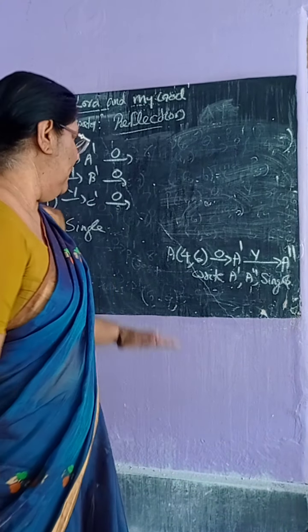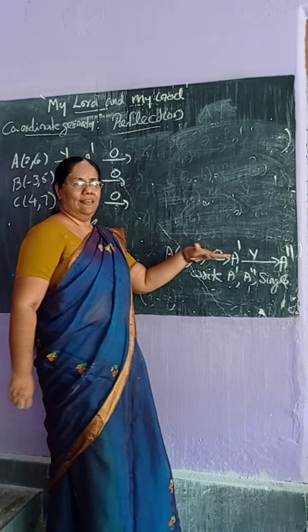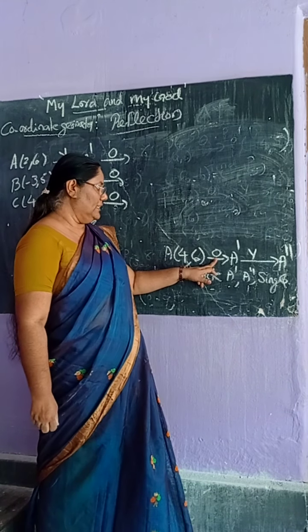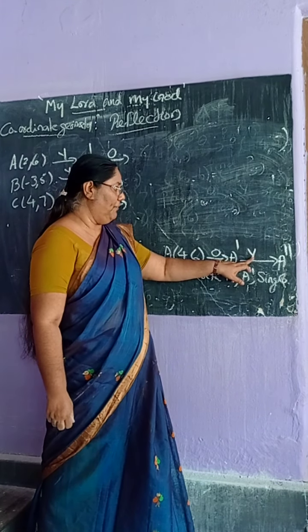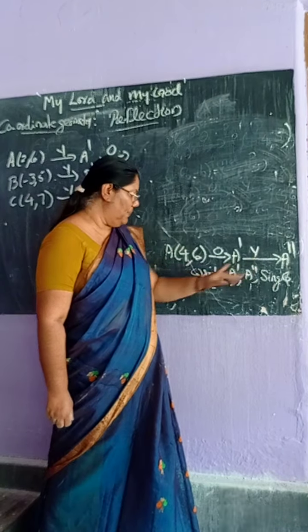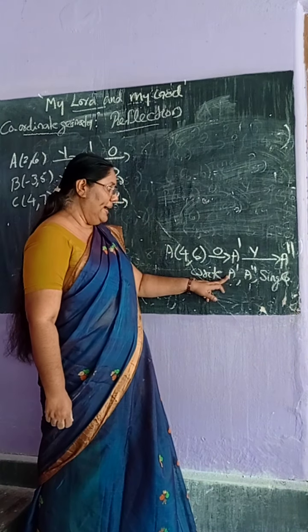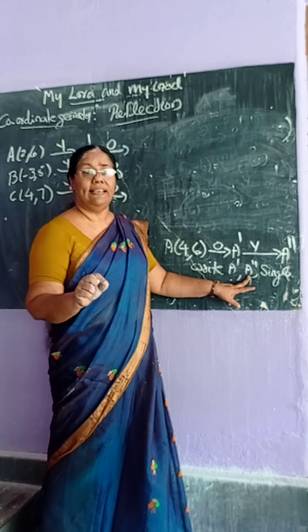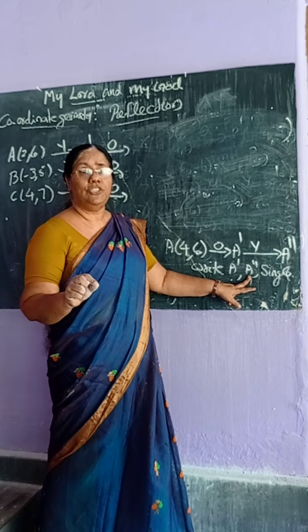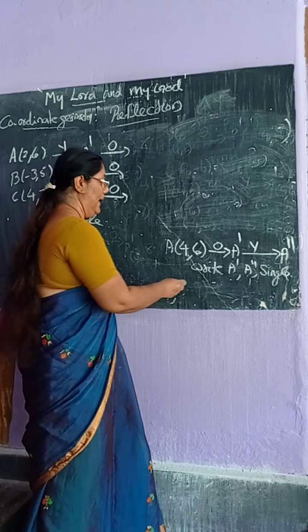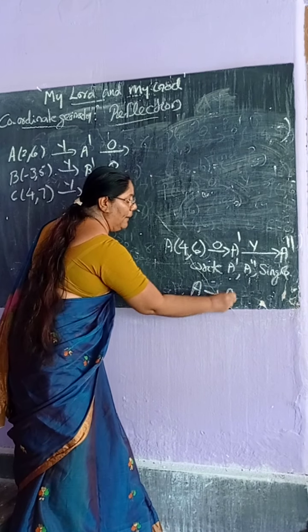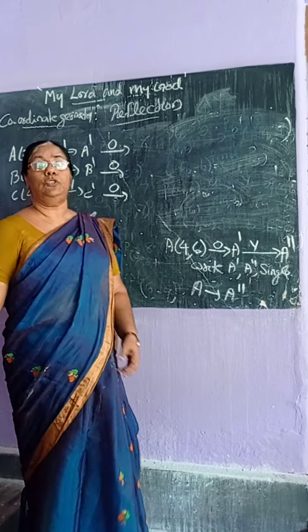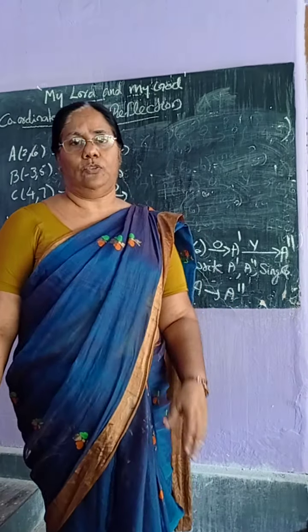From this line you can read the question. My question is, write A dash, A double dash and the single transformation, write the last line, single transformation that maps A to A double dash, direct answer. What is the single transformation?